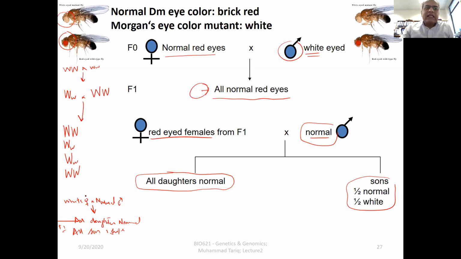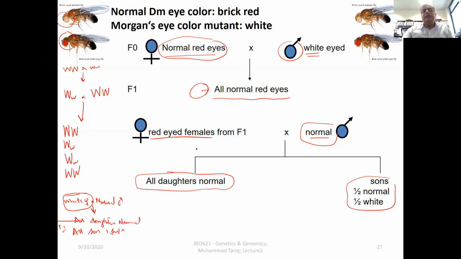Since they paid attention to these flies, they said, okay, here we used a normal female, and here this one is a white female. Just by changing the sex of the parent through which the white allele is coming, the F1 is different.